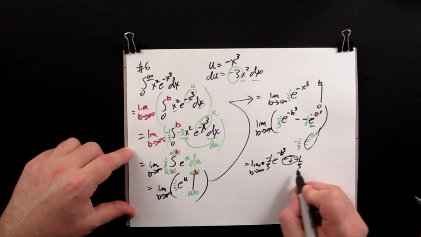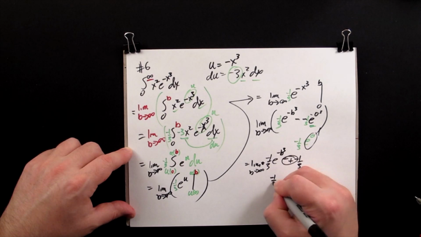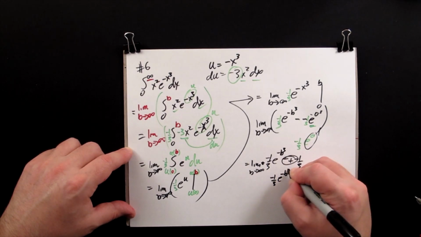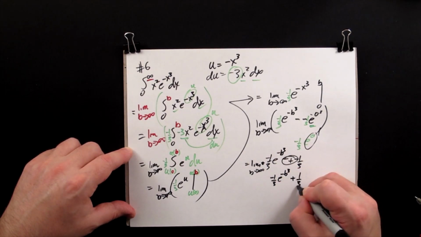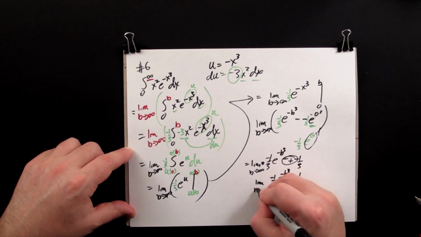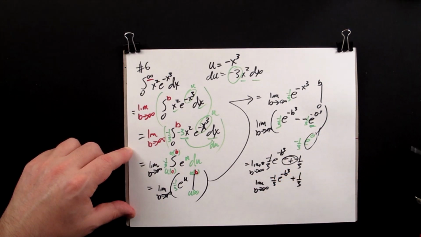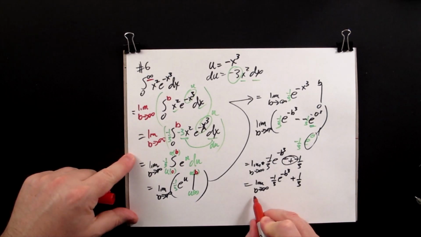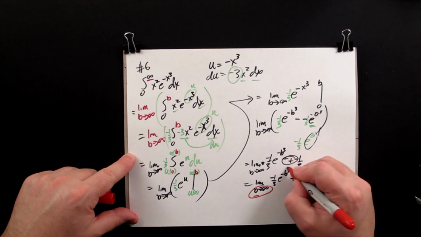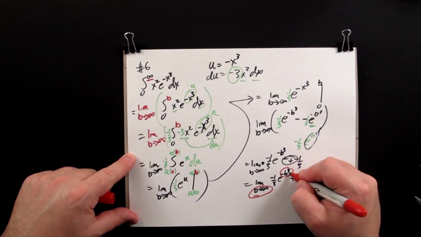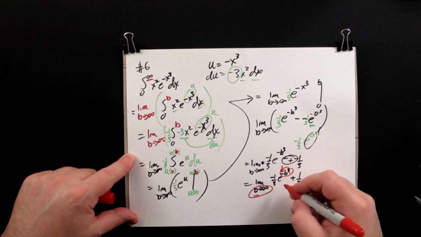So we have minus 1/3 e to the minus b cubed plus 1/3, limit as b goes to infinity. Now we're ready to evaluate the limit. So this is again b going to a huge number, and we're going to have a huge number here, but we have this minus sign.